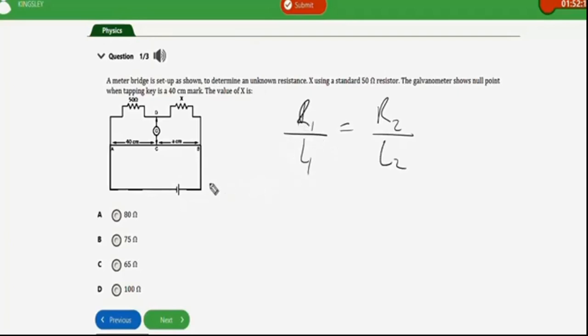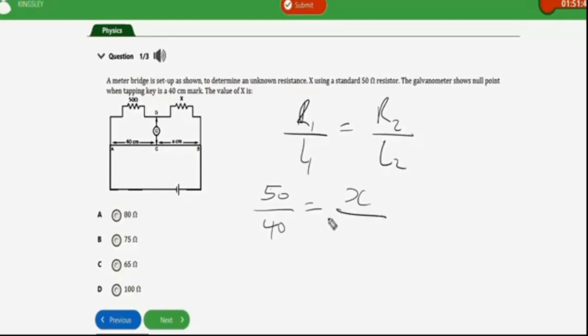So in this question, our R1 is 50 ohms, that's the first resistor. Then our L1 is the first length, which is 40, equals, now basically we are looking for the value of X, the R2, the second resistor. So let's call it X over L2.